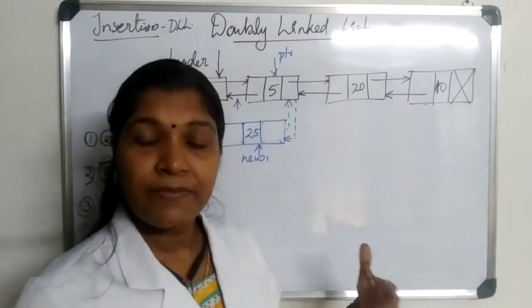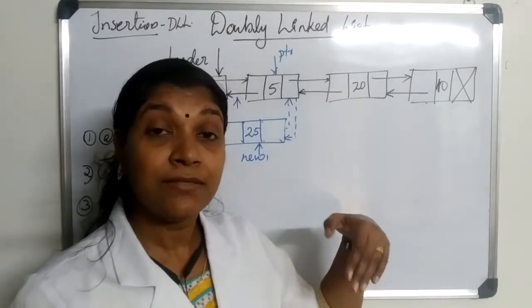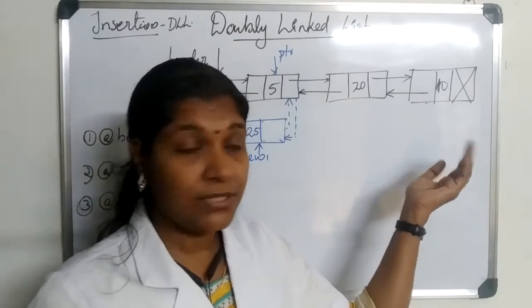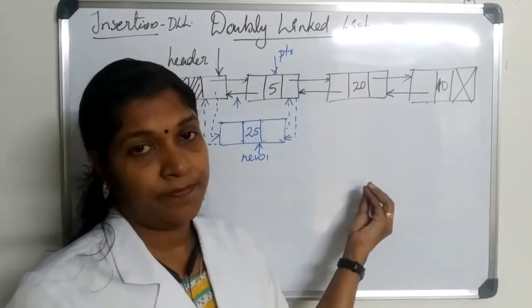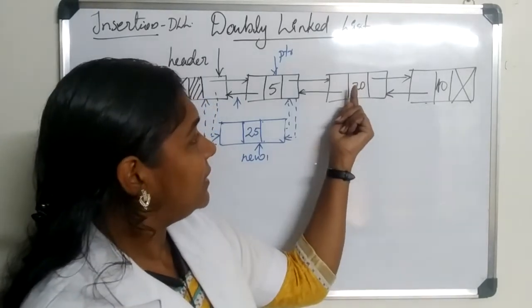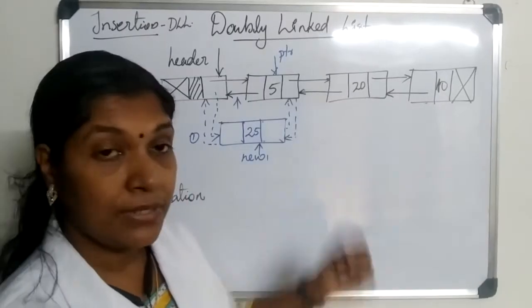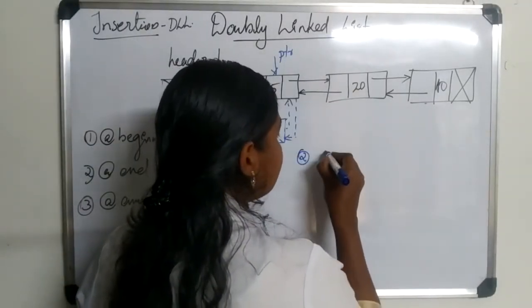In our class, we are using one of the methods. In single linked list, we used in any case insertion, we inserted the new node before the specified key node. So if we are specifying the key element as 20, we would be entering our new node here. So this is the second case.